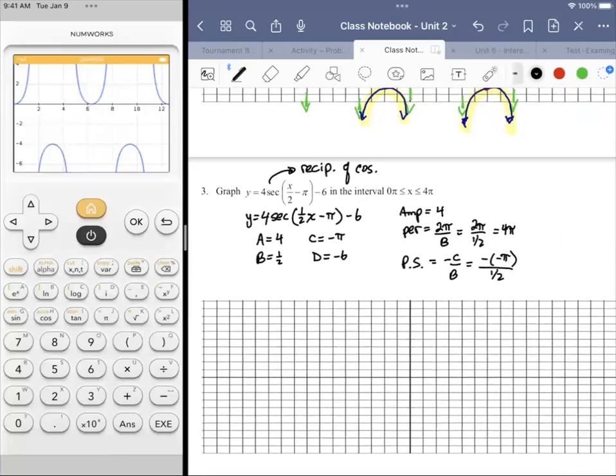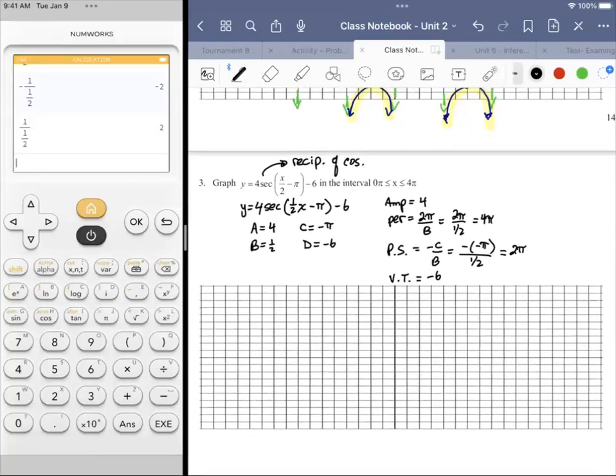So that's pi over 1/2. That's going to be equal to 2 pi. If you're in doubt, pop it in. So 1 pi divided by 1/2 is 2, so 2 pi. The vertical translation, the VT, is just whatever the D value is. So that's negative 6.